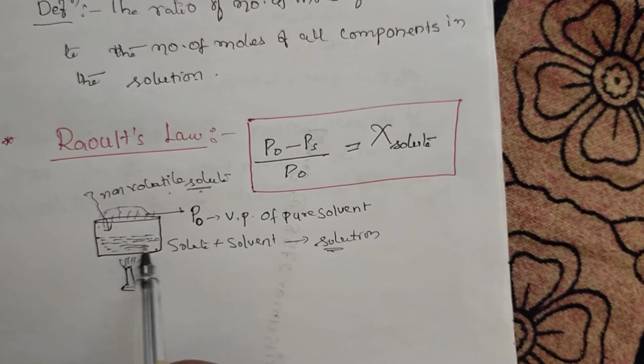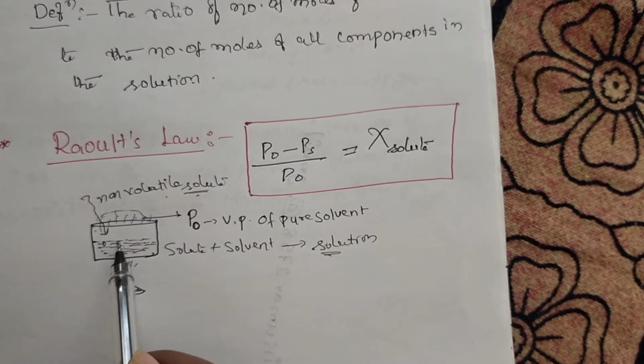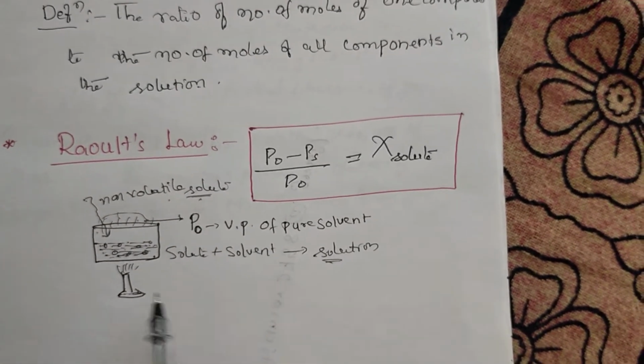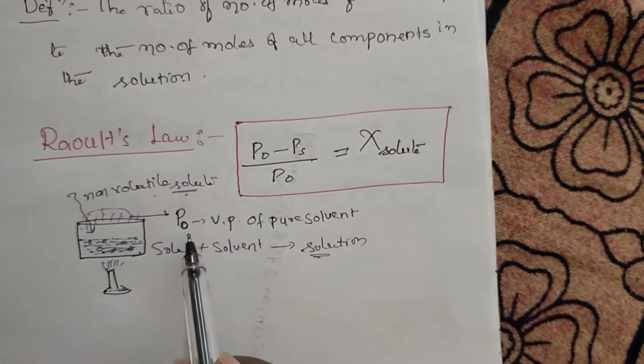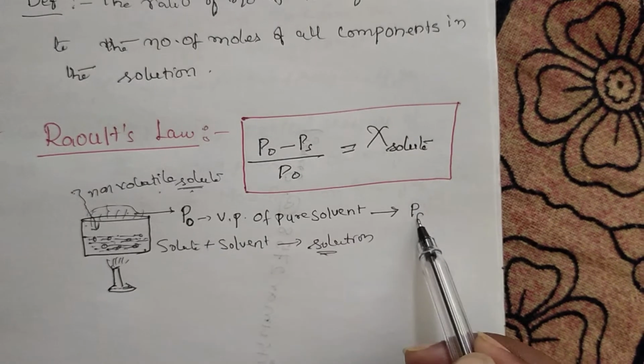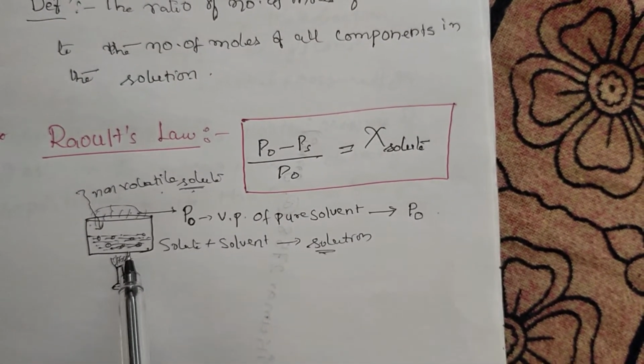Now in this solution, some particles of solute are also present. The pressure exerted by the pure water is P0. Now boil this solution again, what happens?